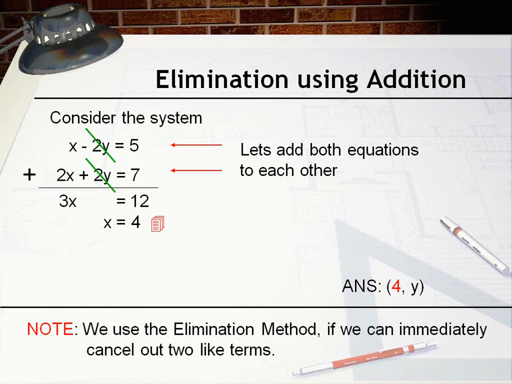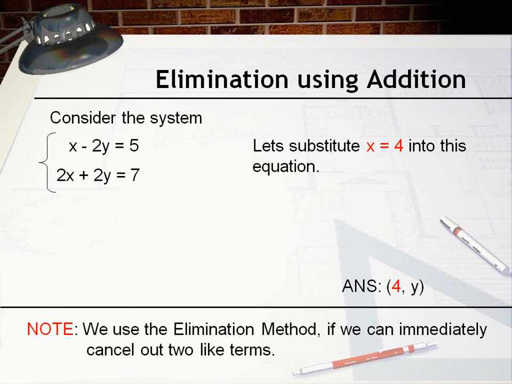In order to do that, all you have to do is choose one of the original equations and substitute in the answer that you have already received. We've already gotten x equals 4. So you can choose the first equation or the second equation. It doesn't matter. Let's choose the first equation, x minus 2y equals 5.